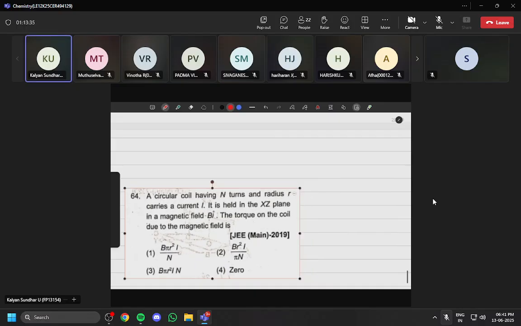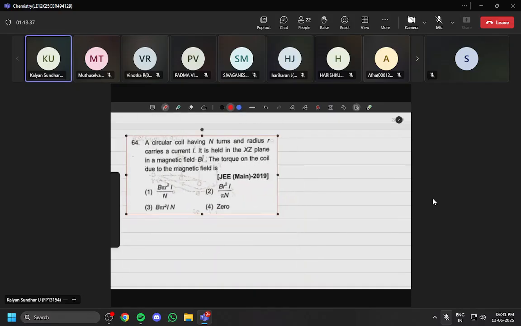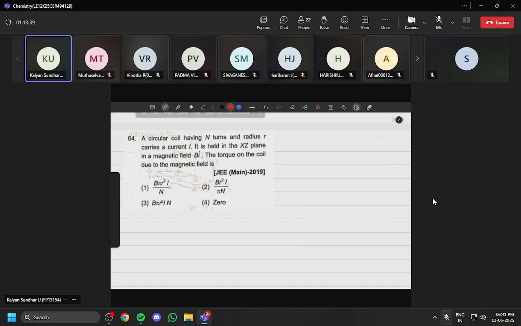Right, so this one. A circular coil having N turns and radius r carries a current I. It is held in the XZ plane in a magnetic field B along the x-axis. So torque on the coil due to magnetic field B, tau value will be how much?